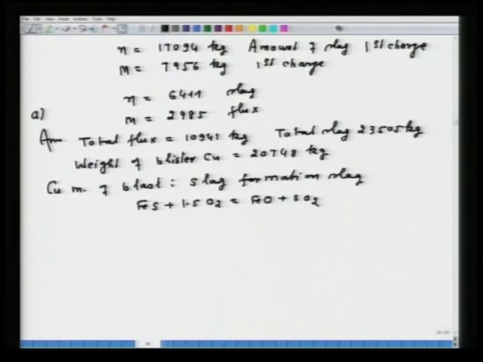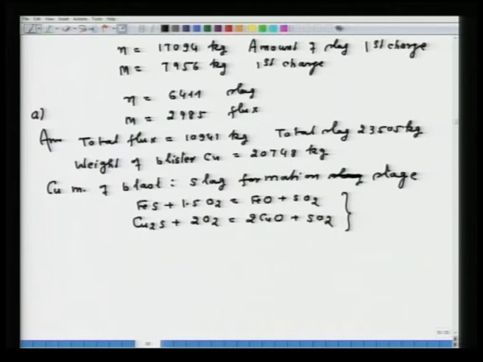So, the chemical reaction is this. Another reaction is the Cu2S plus 2O2, that is equal to 2CuO plus SO2. So, these are the two reactions which are occurring in the slag formation stage, where I think I wrote a mistake here. You can put it as slag formation stage.